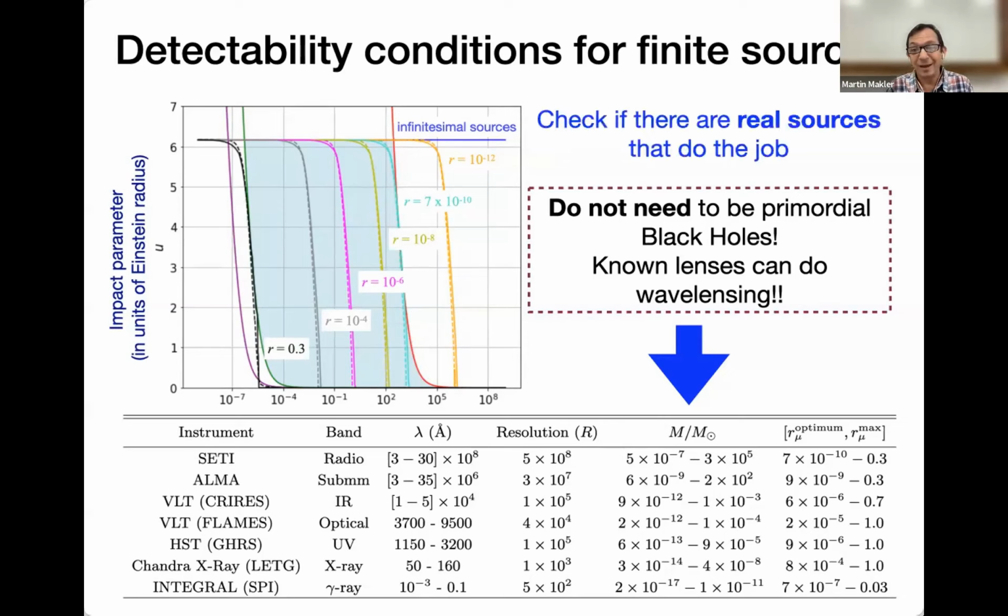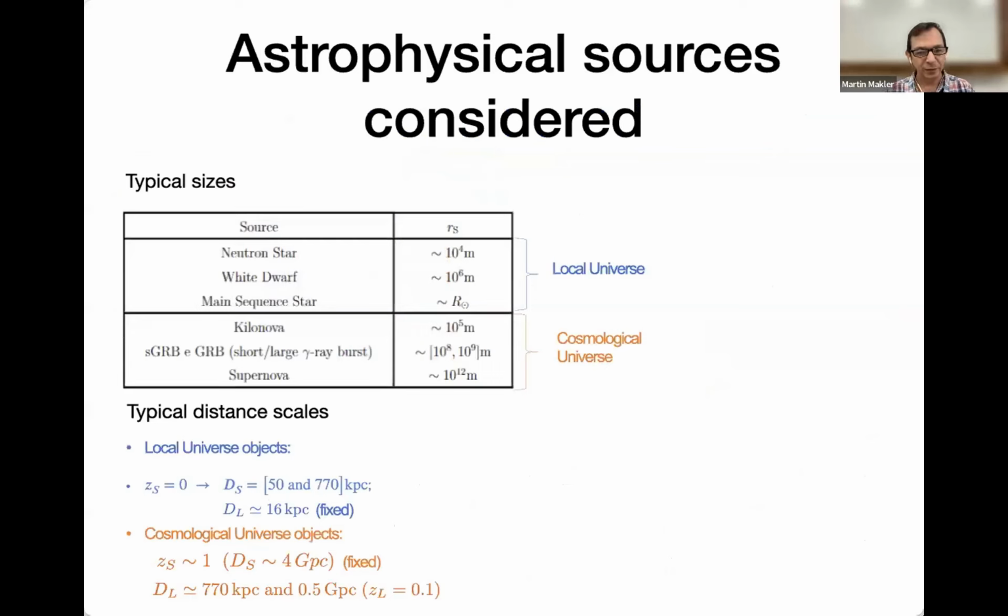So the question is, are there real sources in distance ranges for which this effect can be detected? We consider some sets of sources, like the local universe, within our galaxy or nearby galaxies, with sources such as neutron stars, white dwarfs, main sequence stars, and the distant and high redshift universe.